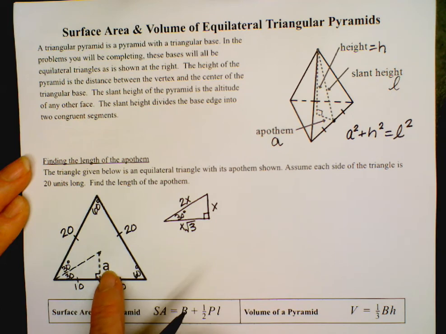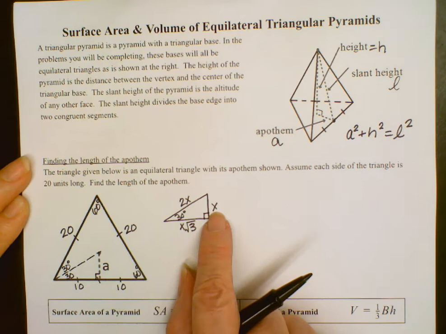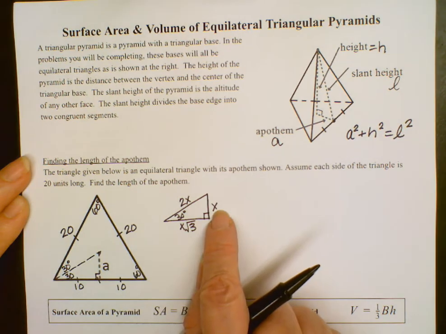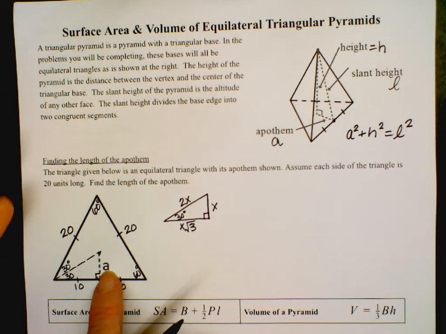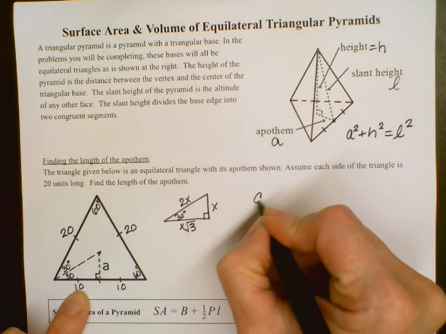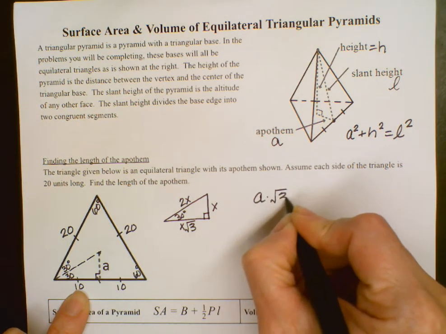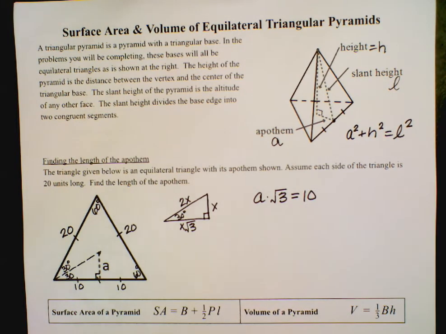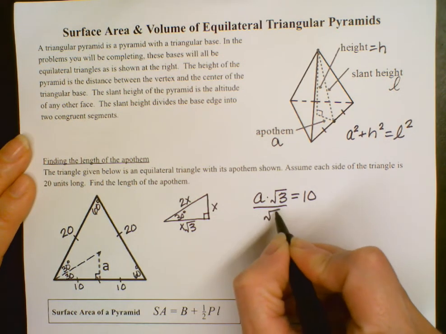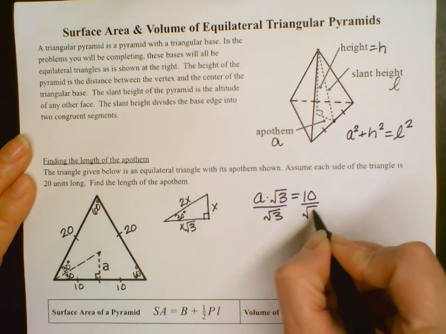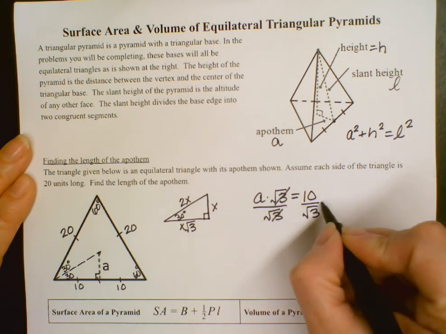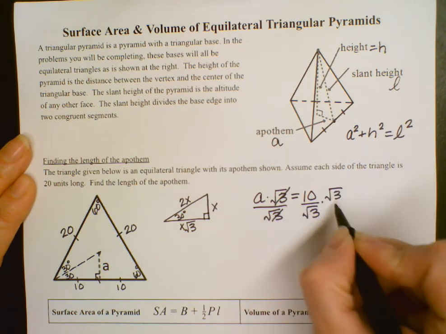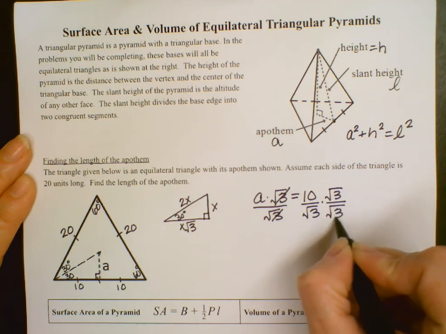Which means in this case, if I'm trying to find the length of the apothem, then I'm going to use the same rule we applied here. Take the short leg times the square root of 3. So in this case, the short leg a times the square root of 3 equals the length of this longer leg, 10. And from that, we can find the length of a. So we divide both sides by the square root of 3 and rationalize on the right side, multiplying both the numerator and denominator by that square root.